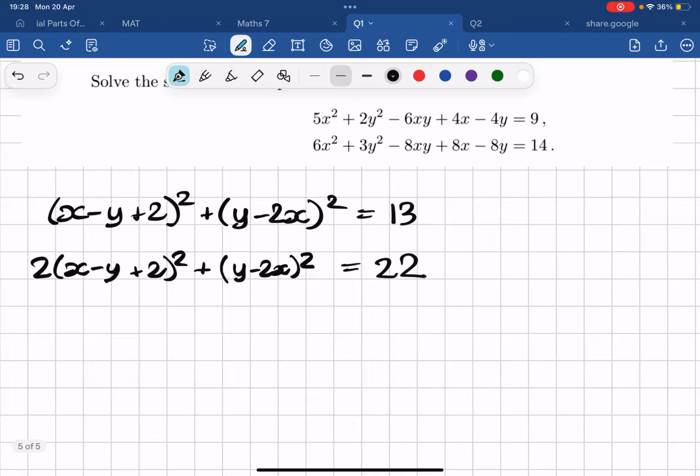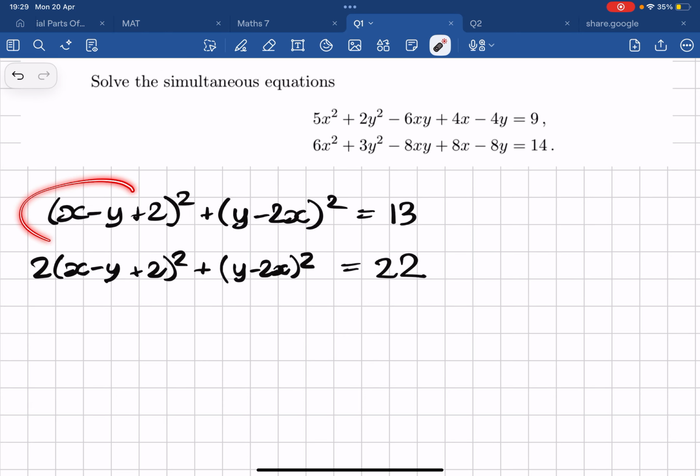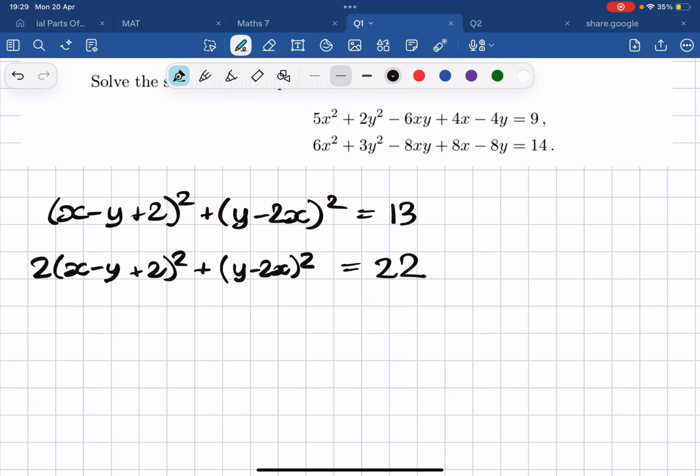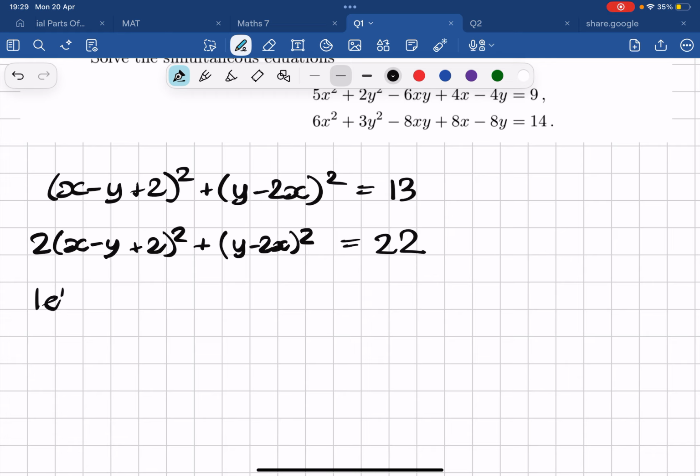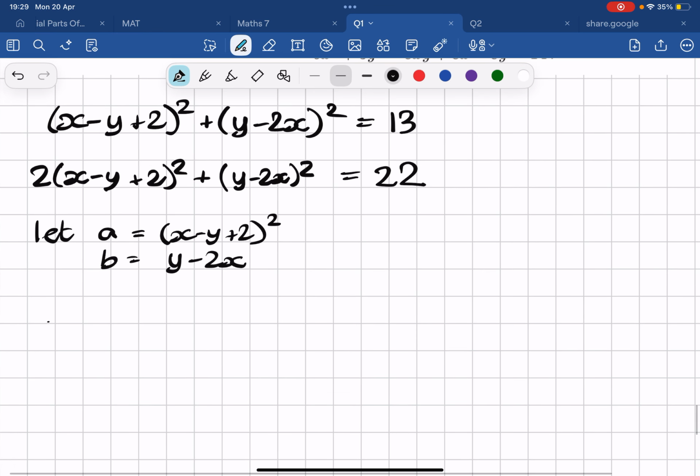Now we just have to solve these two simultaneously. Notice how both equations share these two terms. So let's let a equal (x minus y plus 2) squared, and then b equal (y minus 2x) squared. So we have a plus b equals 13.